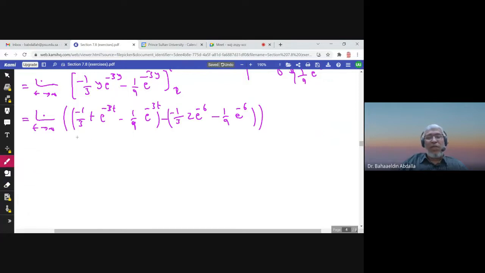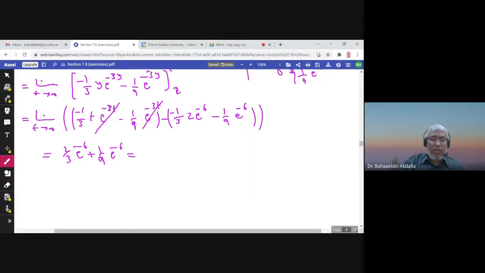So now if I replace t by infinity, e to the power negative infinity is 0. And the answer would be 2 over 3 e to the power negative 6 plus 1 over 9 e to the power negative 6.